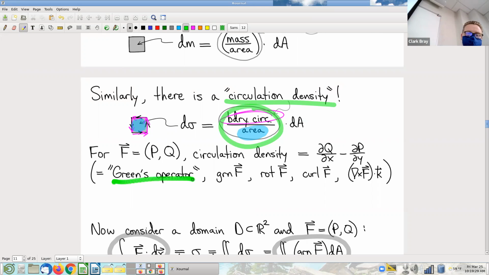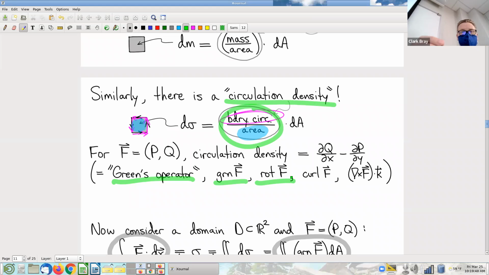You can call it Green's operator, because it's the operator involved in Green's theorem that we're about to write down. I like to abbreviate that for convenience: GRN. I think I may have made that up.